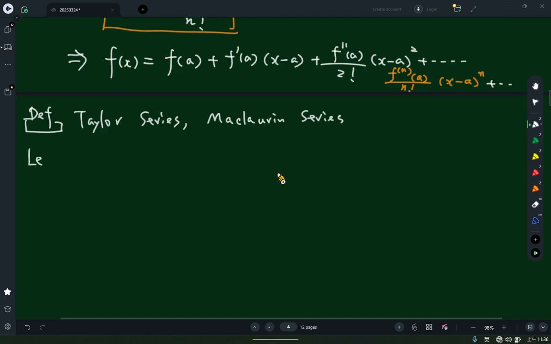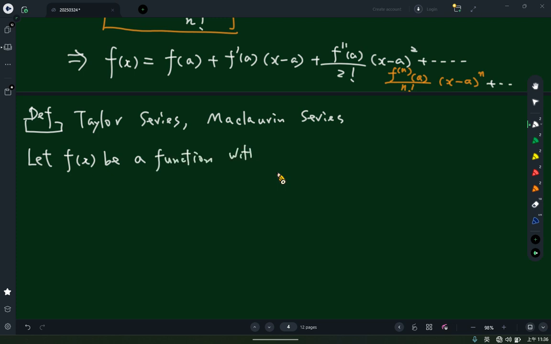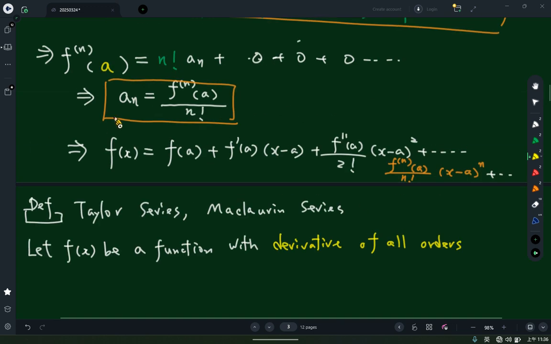So let f of x be a function with derivatives of all order. So n here is the order, right? This is the first derivative. This is the second derivative.